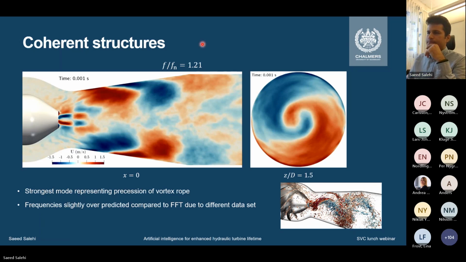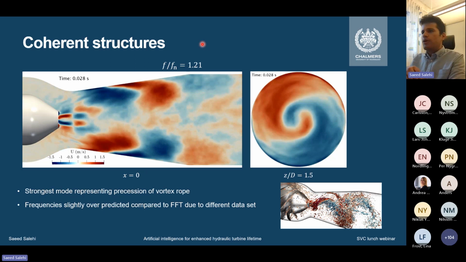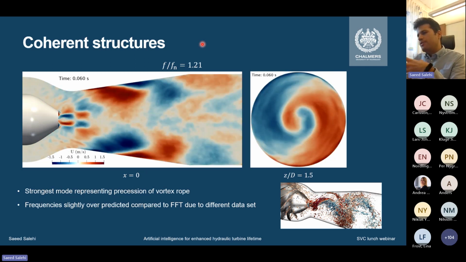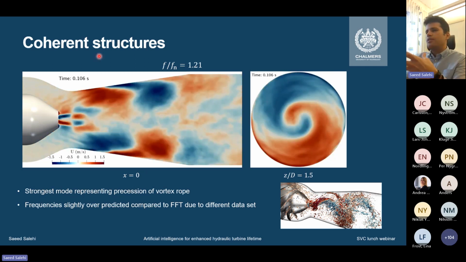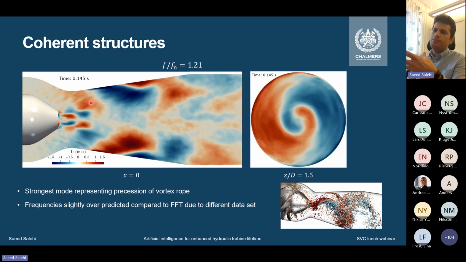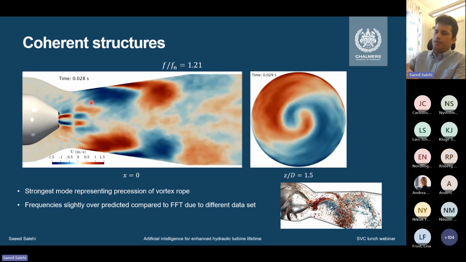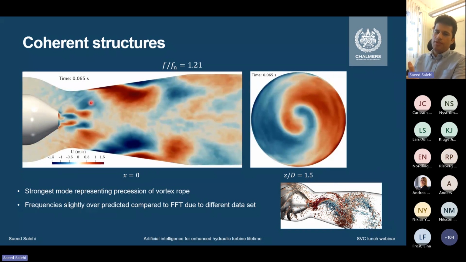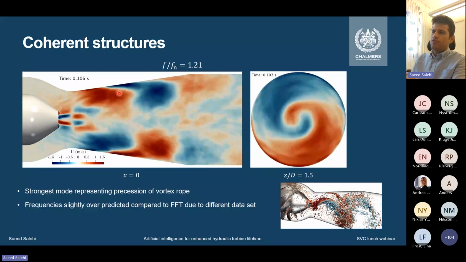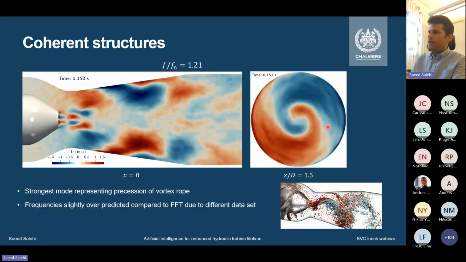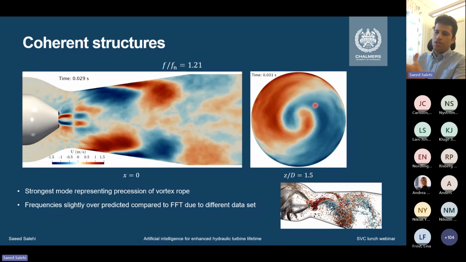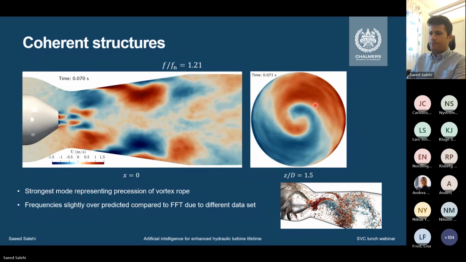And then when we animate the dynamics of this flow, we can see clearly the anti-correlated patterns, which are connected to the precession of the vortex rope that propagates downstream. And here we can see clearly a rotation effect.